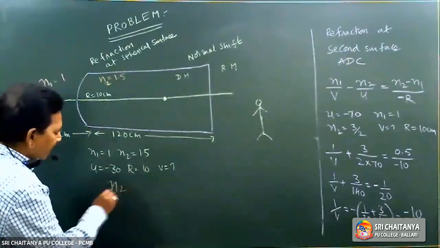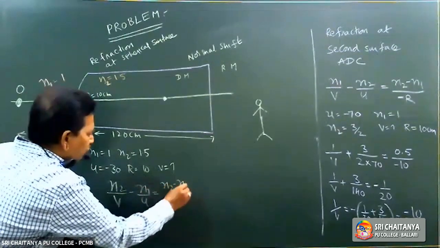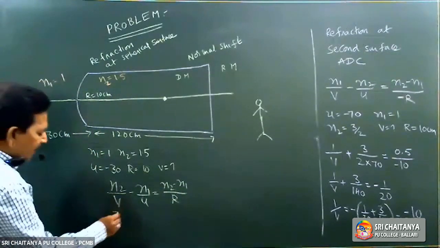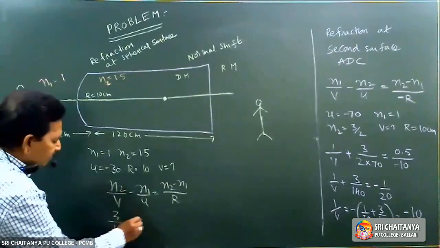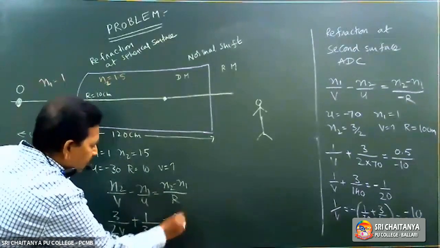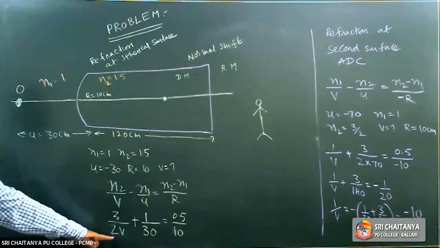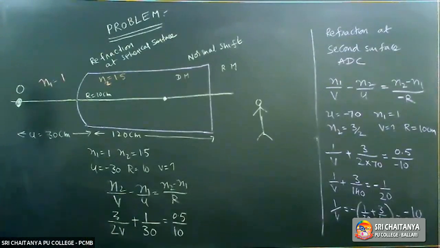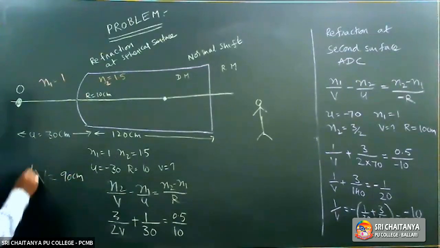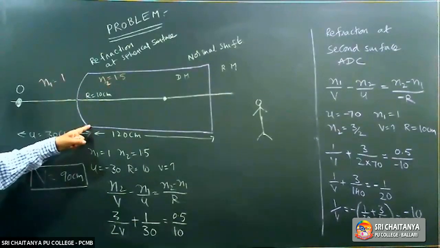N2 by V minus N1 by U is equal to N2 minus N1 by R. N2 value 3 by 2 by V minus 1 by minus 30 is equal to 0.5 by 10. I think we already calculated this value, that's why I took this data. So what value did I get? V is equal to 90 centimeters, the image due to refraction at the first surface.